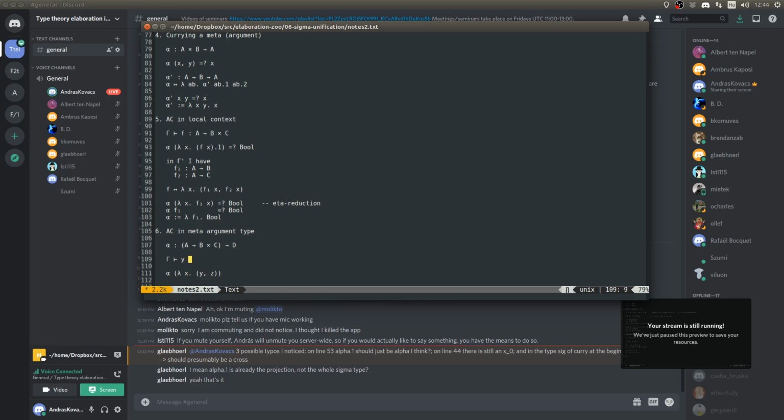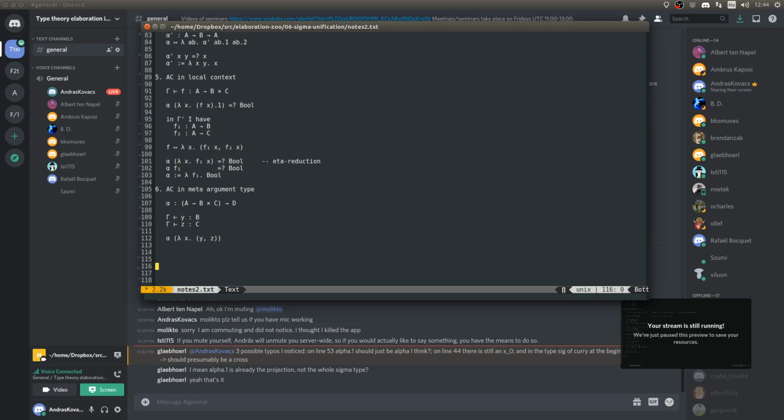So y would have type B, and then z would have type C. Would this be okay? No, I don't think this would be okay. So I have two functions, an fx and a gx. So I really need to have two functions in the scope for this to work out nicely.